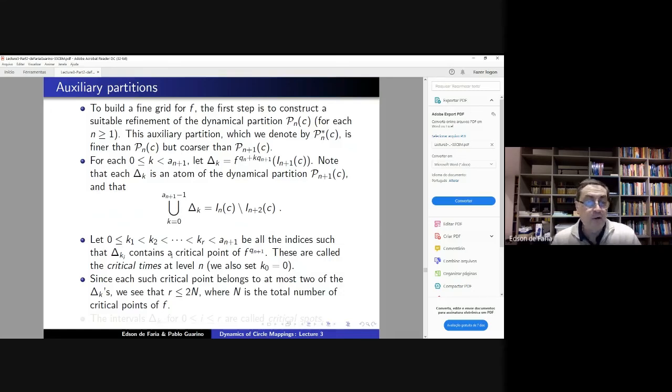And there are only boundedly many critical spots at each level because the number of critical points for the map is bounded. It's fixed. So like I said, these intervals that contain critical points for the return map are called critical spots.